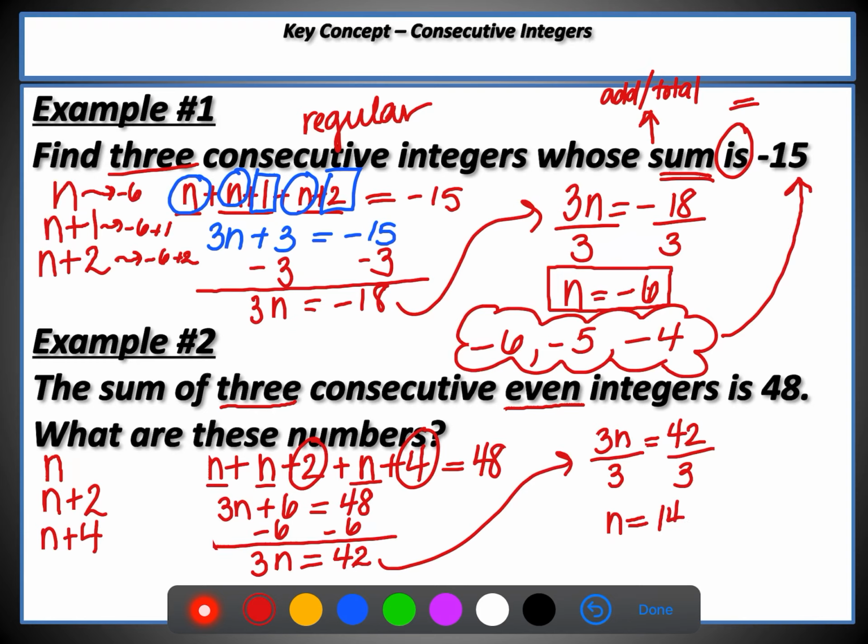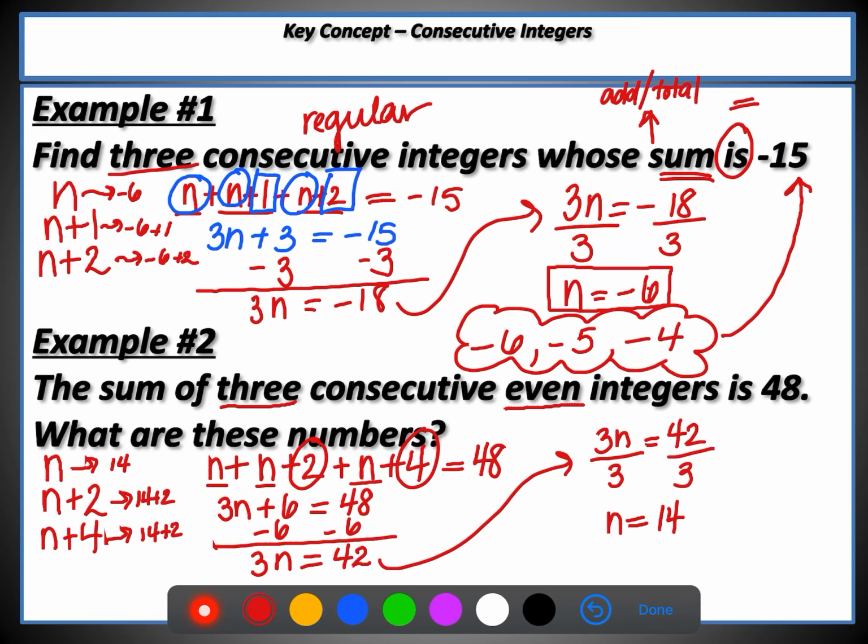Okay, so n equals 14. Okay, but remember, that's not your final answer. You want to plug it back in to your notation. You need all numbers.